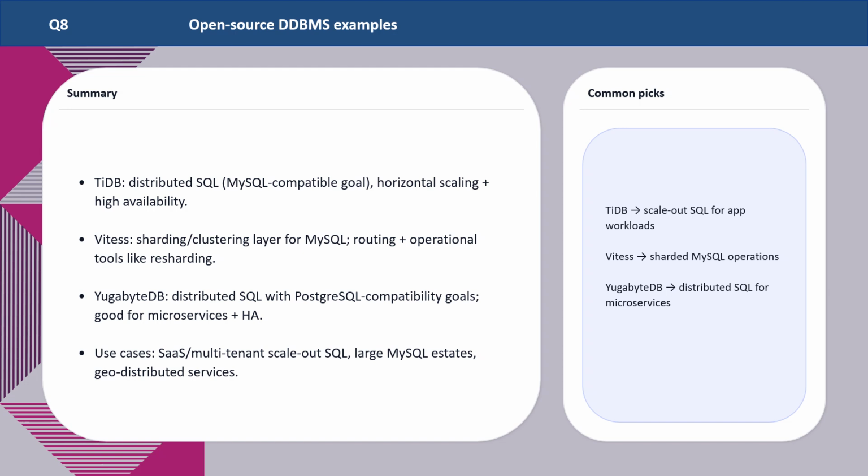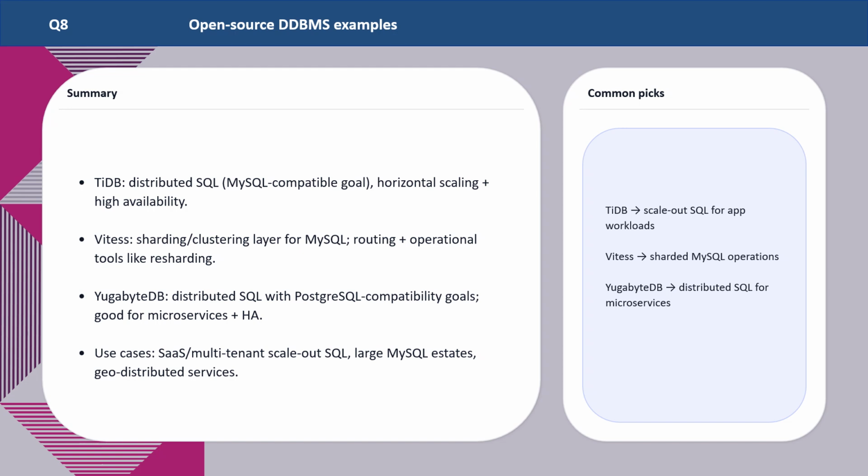So TiDB is distributed SQL aiming for MySQL compatibility. It scales horizontally and supports high availability. So it's a fit for SaaS and multi-tenant apps. Vitess is a sharding and clustering layer for MySQL. It helps large MySQL environments scale without rewriting everything, and it supports operations like resharding.